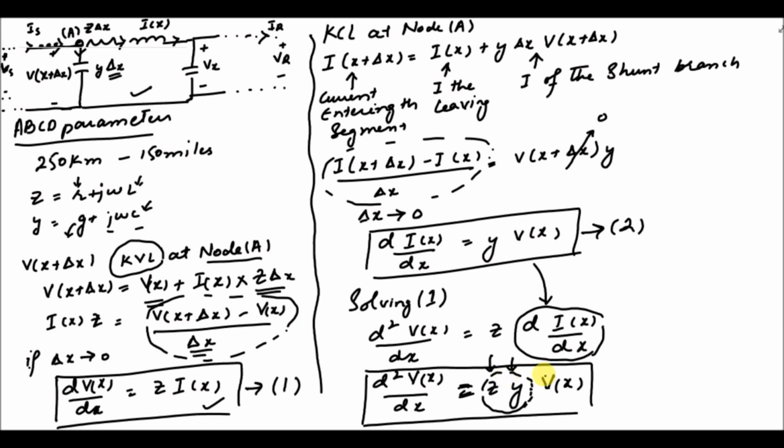And we are assuming that this multiplication of zy can be represented by a constant, that is gamma, and is known as the propagation constant. So gamma square is equal to zy, so gamma will be equal to under root yz.